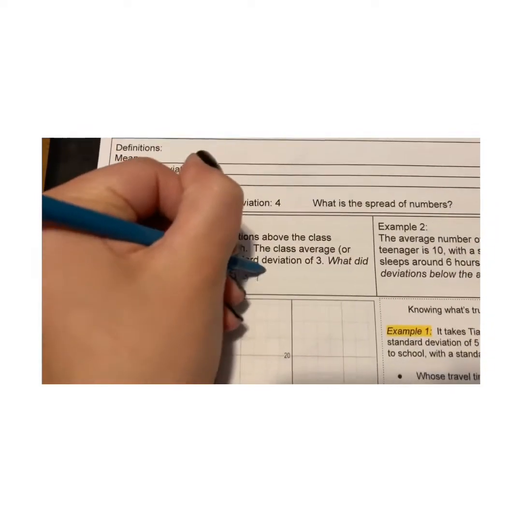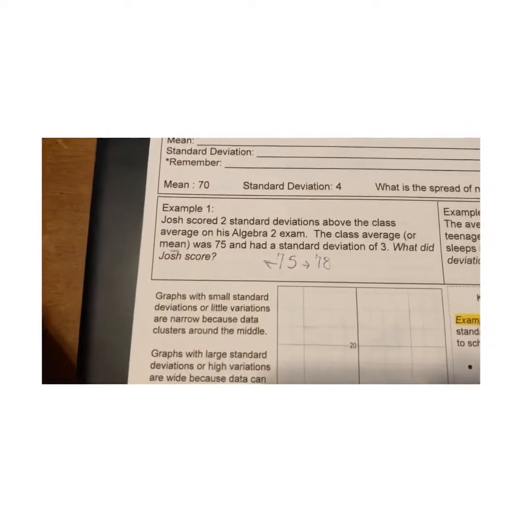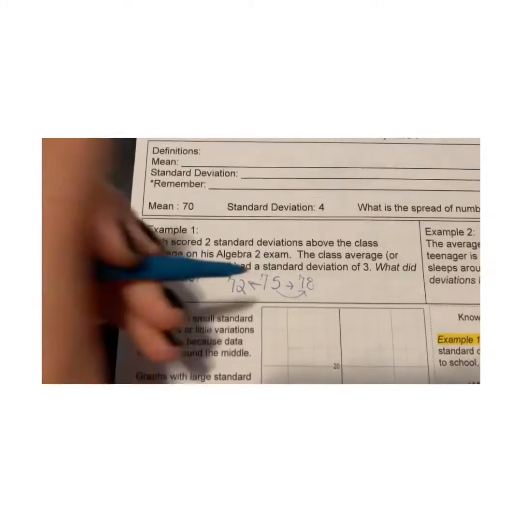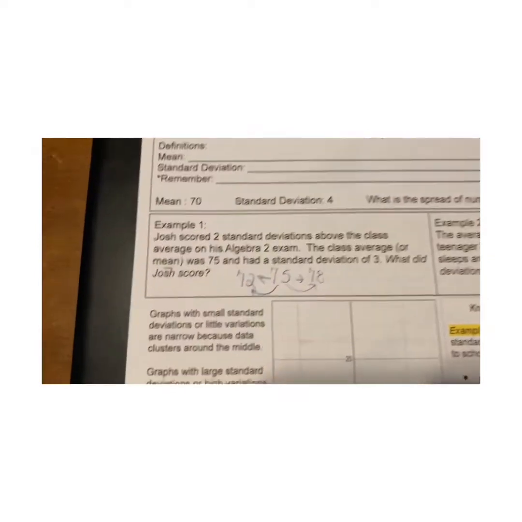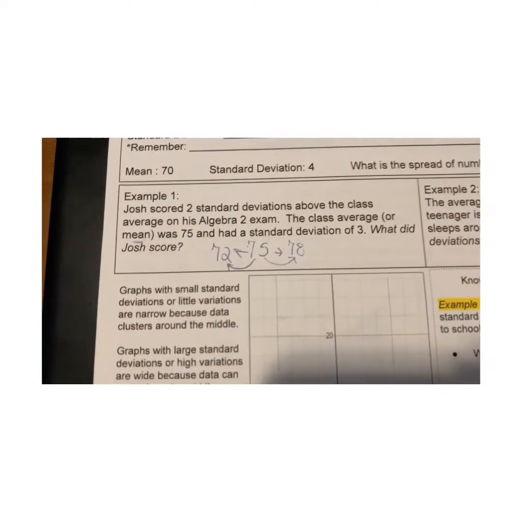So that means it's going to go up by 3, so above, or it's going to go down. So 75 minus 3 is 72. This would be 1 standard deviation above or 1 standard deviation below, because you can go both ways.